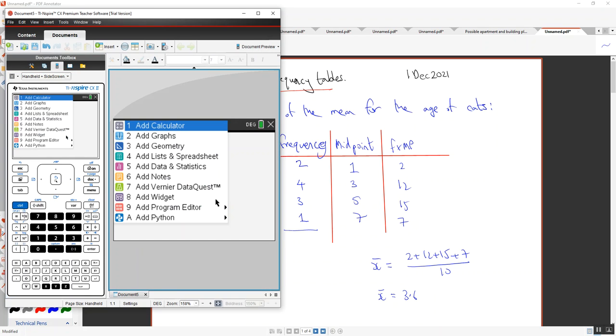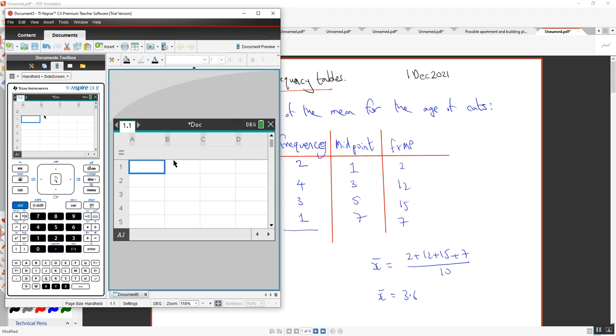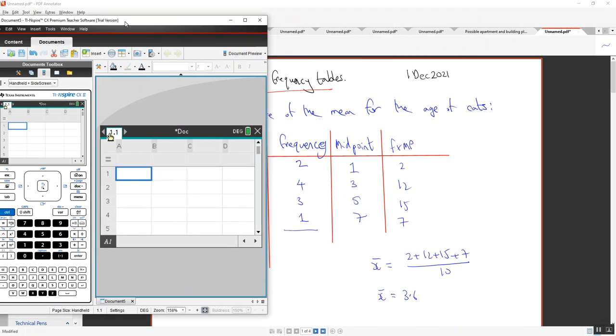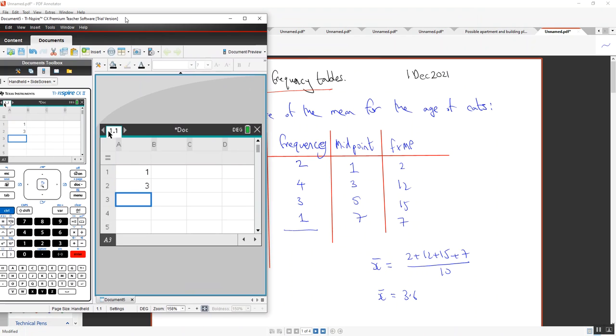Don't save. Lists and spreadsheet. Now I'm not going to put in the class intervals, I'm going to put in the midpoint. So 1, 3, 5, 7. Then the frequency 2, 4, 3, 1.